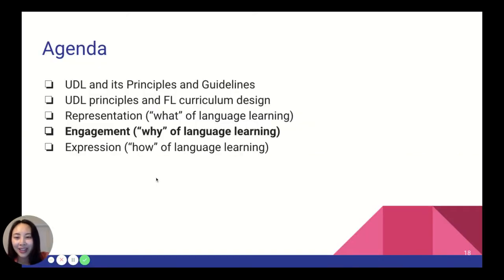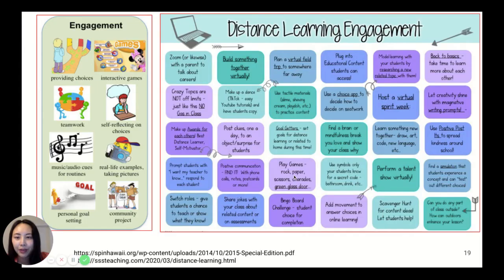And now let's look at the engagement, also the why of language learning. So to keep students' engagement, of course, we need to provide choices so they feel they have something to choose from, and we can use interactive games. Always encourage teamwork. We can give students self-reflection on choices.